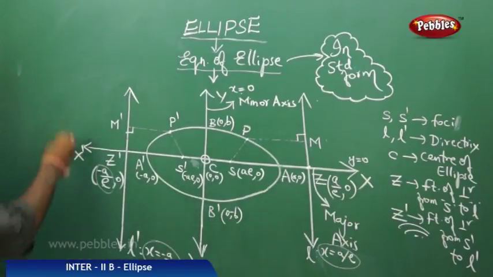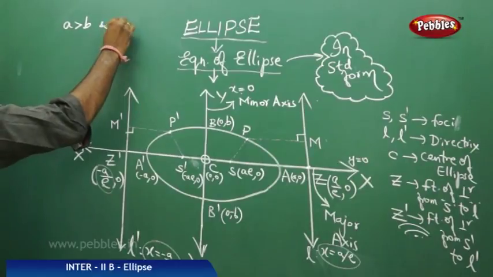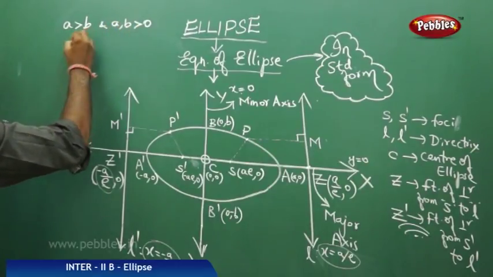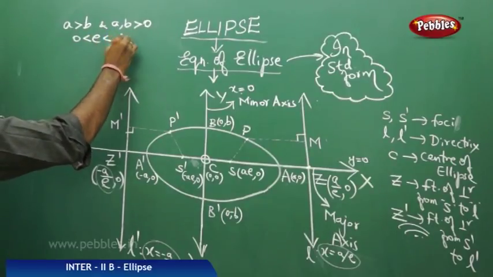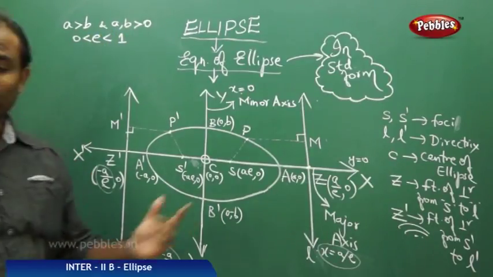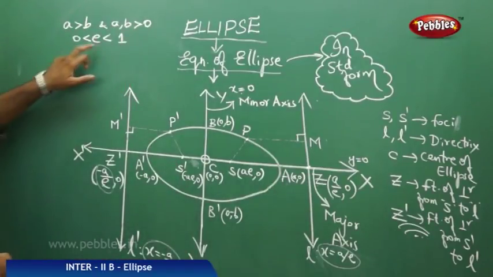Now with the condition that a is greater than b and both a and b are greater than 0, and for eccentricity e which lies between 0 and 1 because e is less than 1 for ellipse and e is obviously greater than 0. So e lies between 0 and 1.